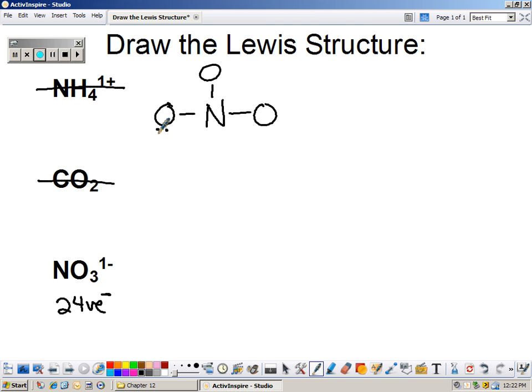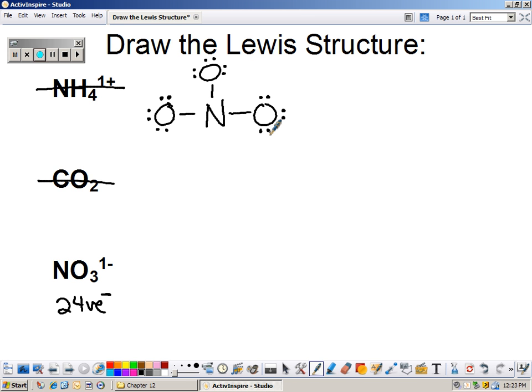So 2, 4, 6, 8, 10, 12, 14, 16. That's 18 valence electrons plus the 3 covalent bonds, so 18, 20, 22, 24. Okay, so we used up all 24 of our valence electrons.